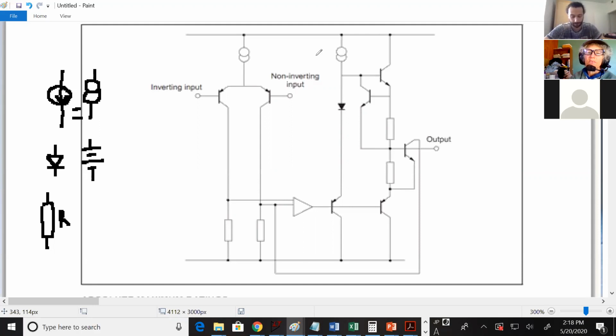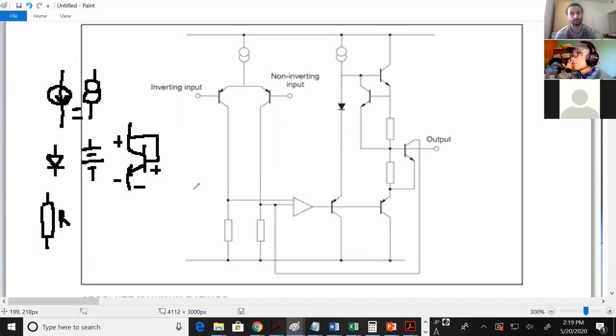So this diode, if it was drawn a little differently, could be a common collector, but there's another way to get that VBE on drop, and that is just to diode connect a transistor. Because this is about VBE on, this will also be about VBE on.